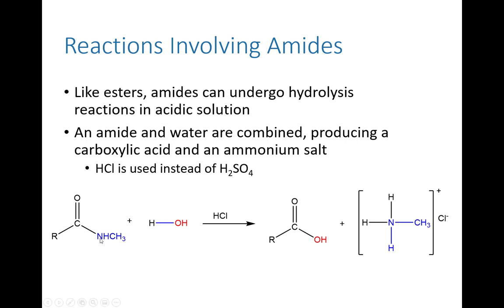We have a nitrogen here to 2 carbons. It's going to pick up a hydrogen from water and a hydrogen from the acid to form the salt over here. And then the OH group will join onto the carbon. So again, very, very similar to what we saw with esters.